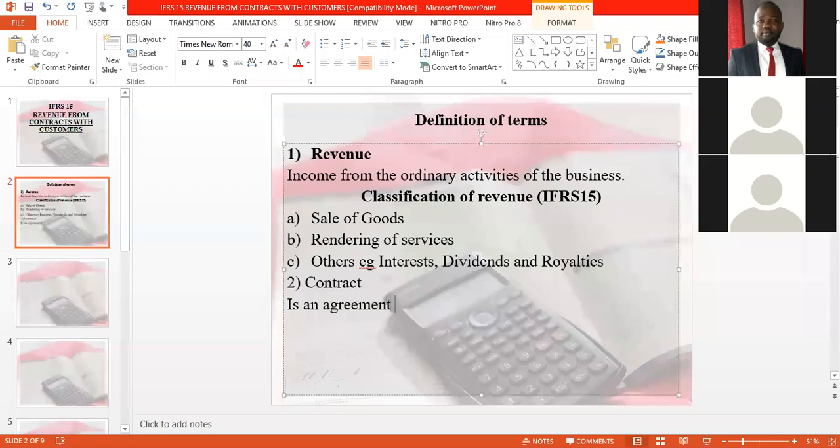Contract is an agreement between 2 or more parties, where one party undertakes to deliver an item.